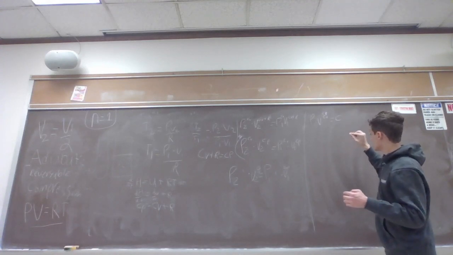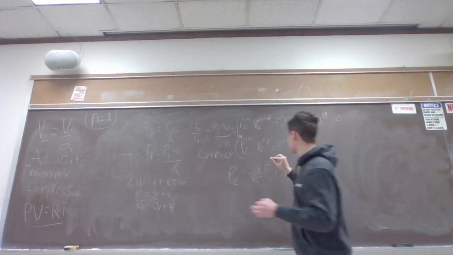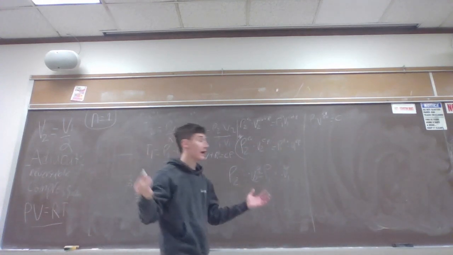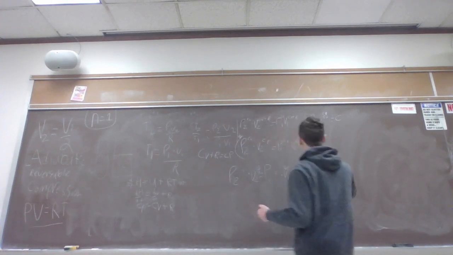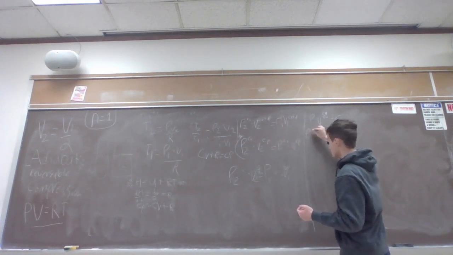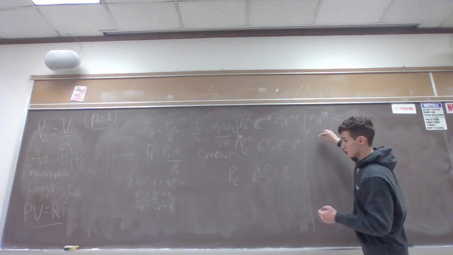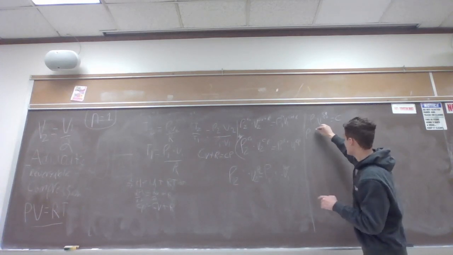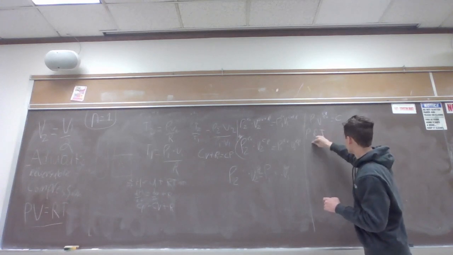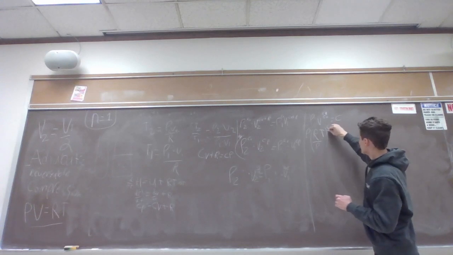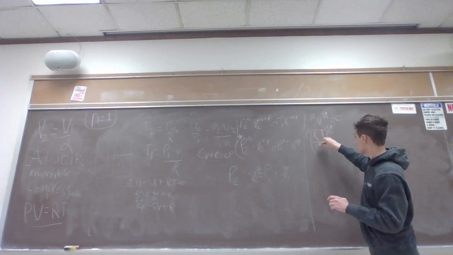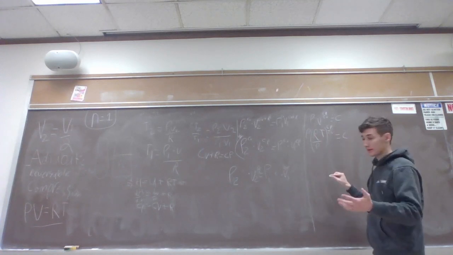And what we know from volume is that volume equals RT over P, because it's still an ideal gas. So we would have pressure multiplied by RT over P to the Cp divided by Cv. And with the pressure over here, this still equals a constant, okay?